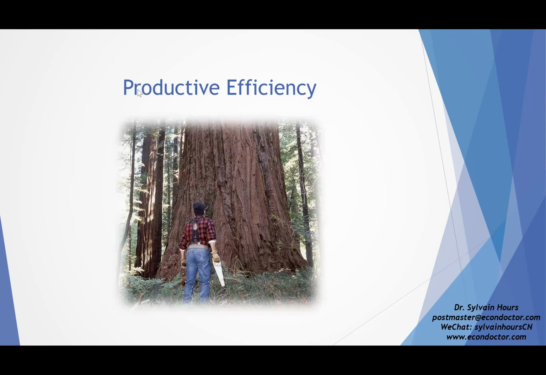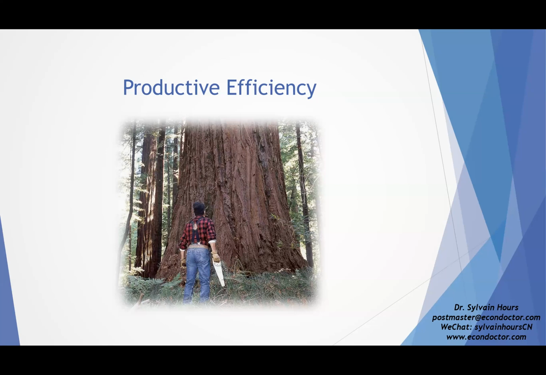So the problem with productive efficiency is that there are two ways you can approach it. You can approach productive efficiency from the perspective of the economy overall, or from the perspective of one individual firm.